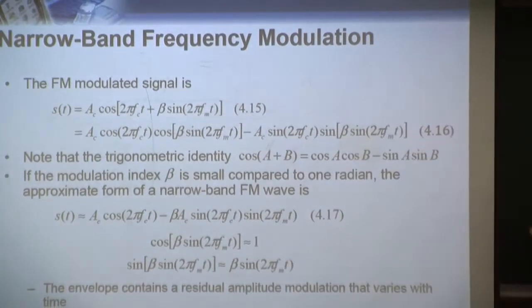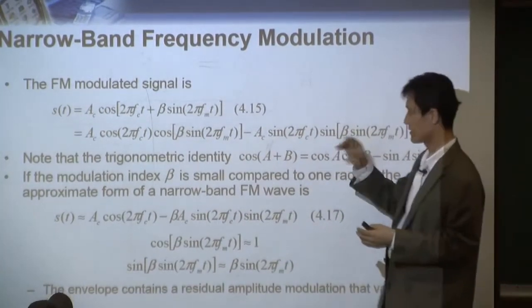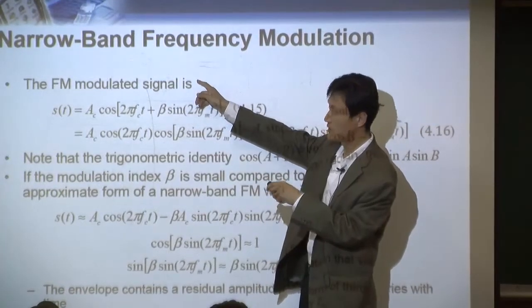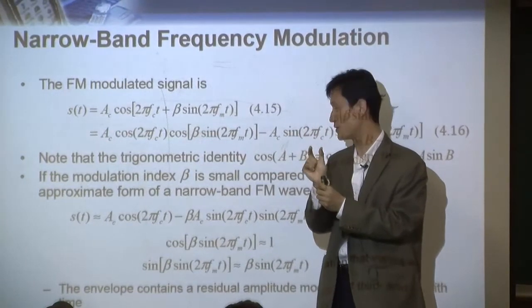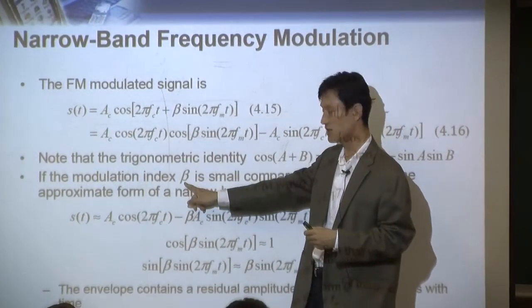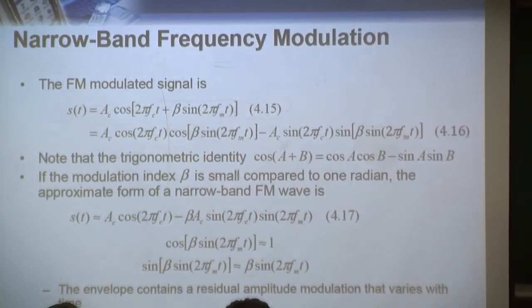From here, now we're going to use a little bit of a trick. The trick here is, since this is narrow band, what that means is your bandwidth is narrow. What that means is this beta, the modulation index beta, we can call small. Okay, we call beta small.